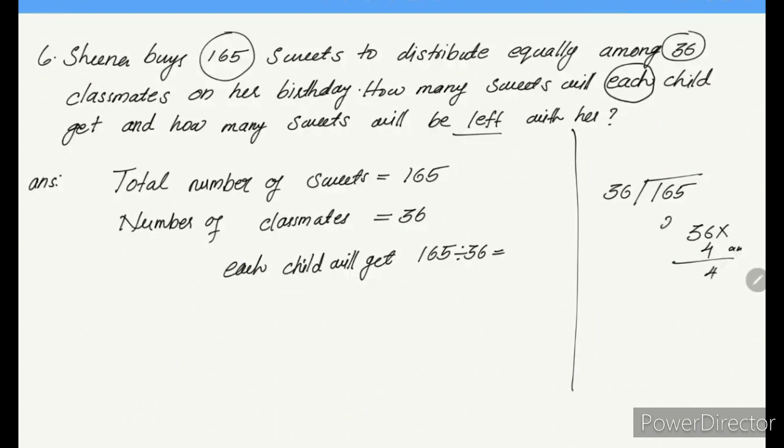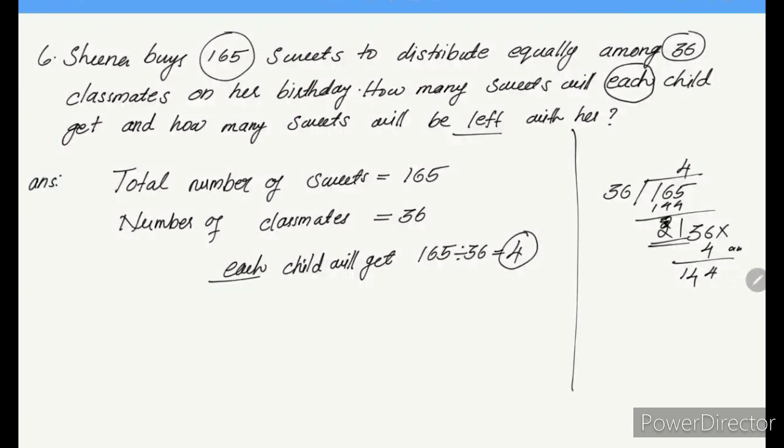Then 4, 2 here. 3 into 4, 12. 12 plus 2, 14. We'll get 144. And while subtracting, we'll get 21 as remainder.